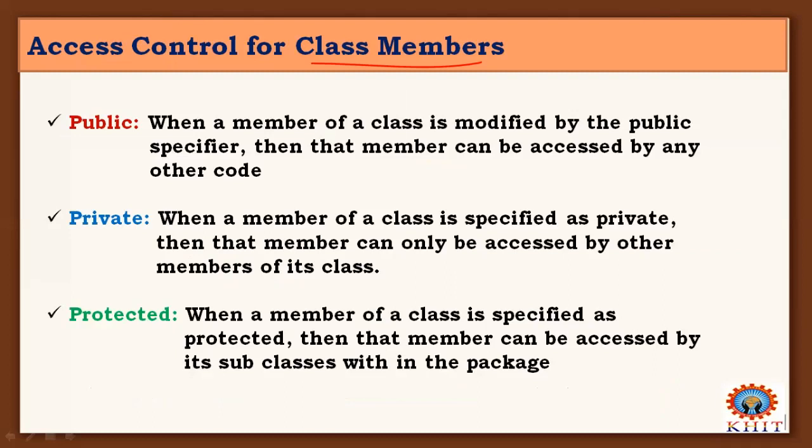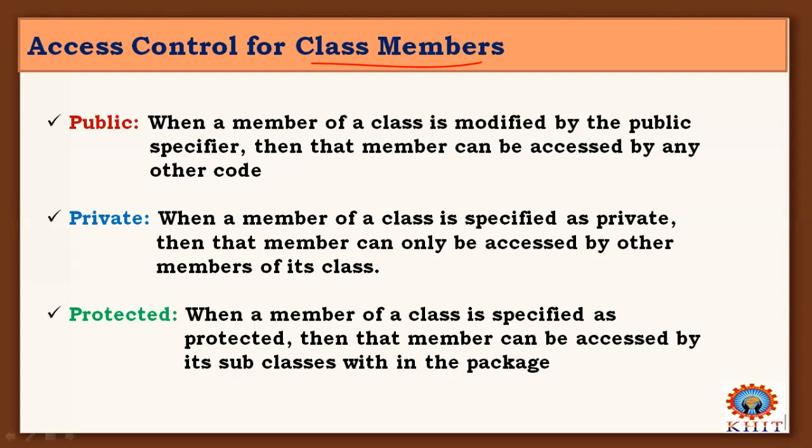And now the concept is access control for class members, and how these class members can be accessed, either an instance variable of a class or a method defined inside a class.